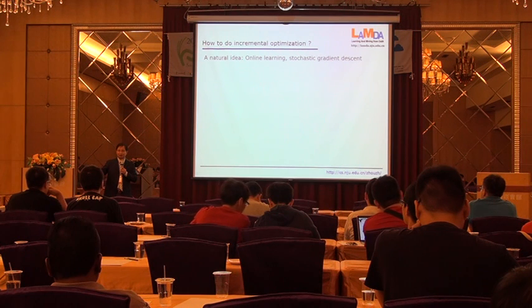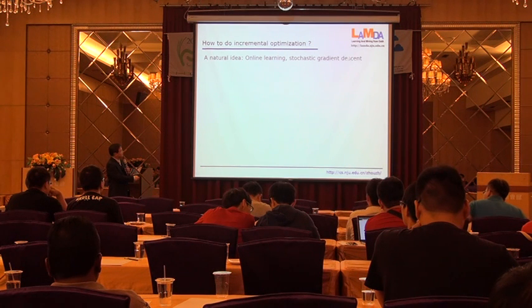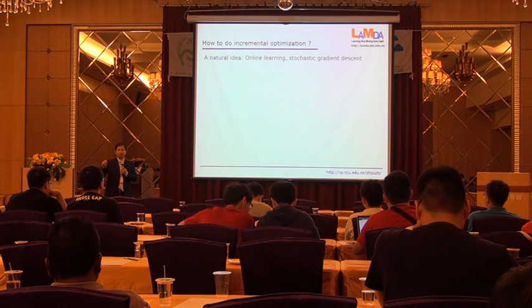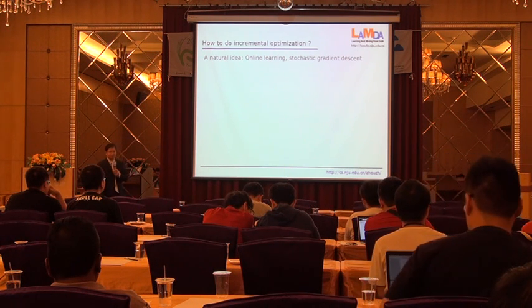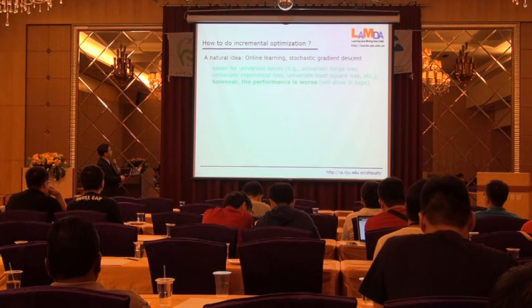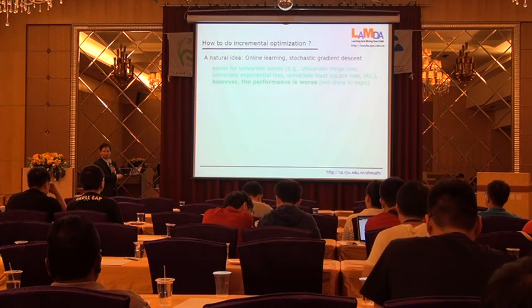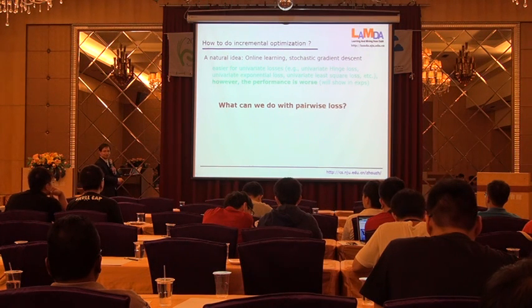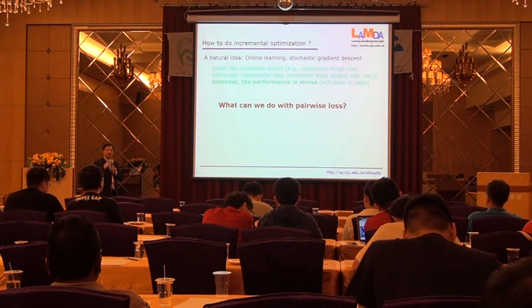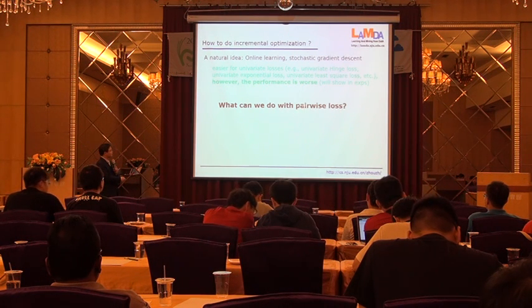Once we receive a new data, we make some adjustment based on it. Stochastic gradient descent means once you have a new data, you calculate how the gradient change will be brought by the new data, then you add this part to the original one, and you finish the update. If you consider a univariate loss, where each time you consider one sample, this is simple; this is what people have done before. But now, if we consider pairwise loss, you need to consider a pair of examples. This becomes infeasible, at least for all the previous solutions.